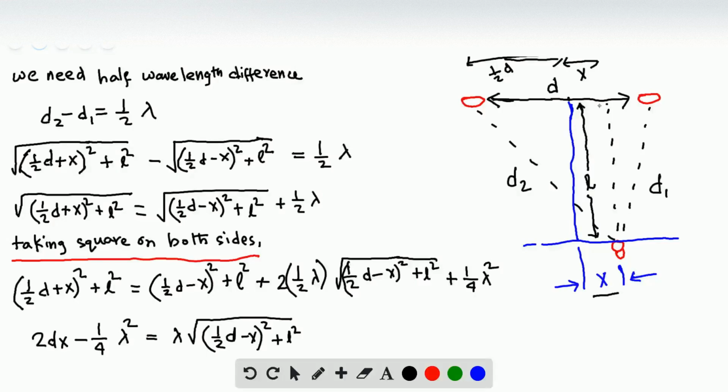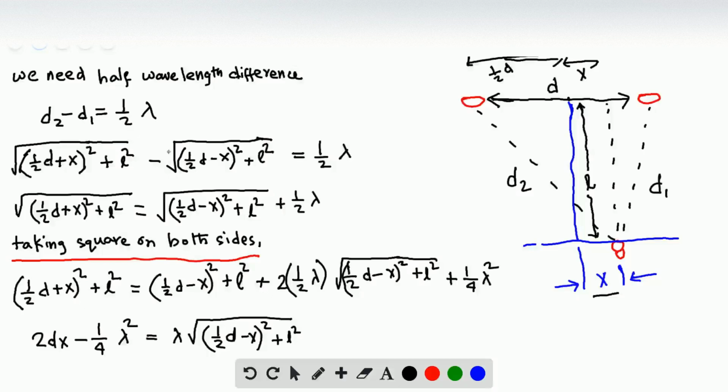So we found the distance from this point to that point and from this point to this point, and we applied the Pythagorean theorem to replace d2. Similarly, the distance from here to here is nothing but half of D minus this extra x term, and that's what we got here. Then again we're applying the Pythagorean theorem to get d1.